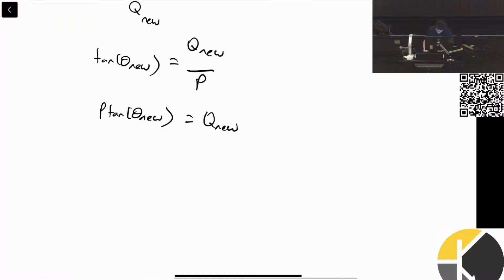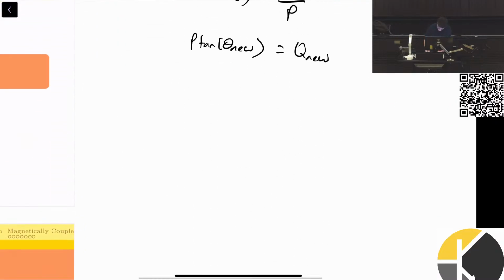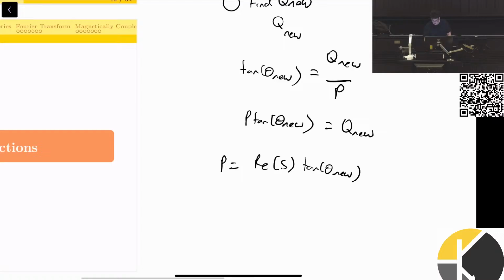We can find P very easily because we've got S. This is the really nice thing about having S. P is equal to the real part of S. So we have P, we have Q nu.